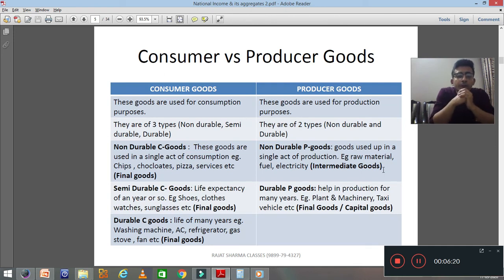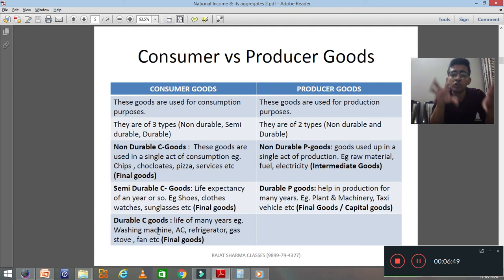Now, talking about consumer goods and producer goods. Consumer goods are the goods, of course, used for consumption purposes, and producer goods are the goods, of course, used for production purposes. The consumer goods are of three types: non-durable consumer goods, semi-durable consumer goods, and durable consumer goods. Non-durable, semi-durable, and durable.